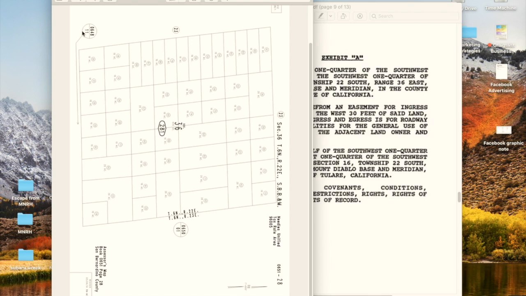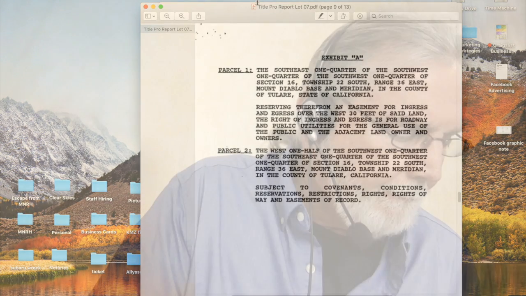But that was a bit of a trick finding that one, because there were really no physical features to work off of. So that's what plat maps look like, and that's what the language in the deeds should look like.